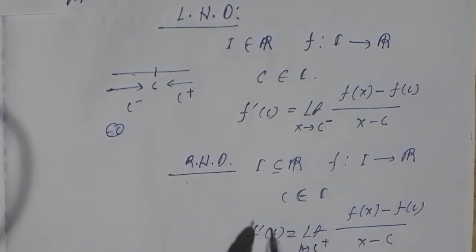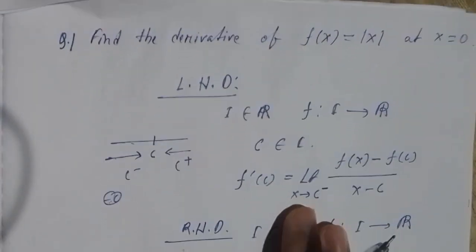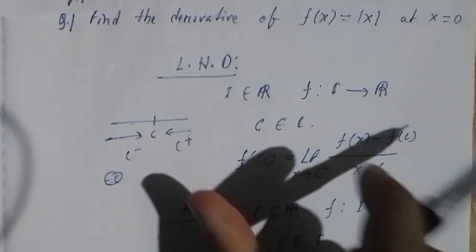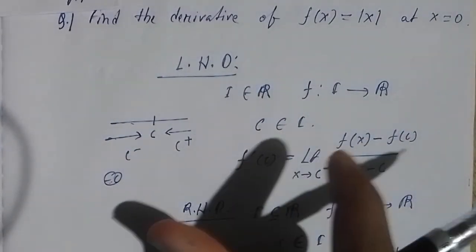Then this is called the right-hand derivative, and we say the derivative exists if the left-hand derivative and right-hand derivative are equal to each other.